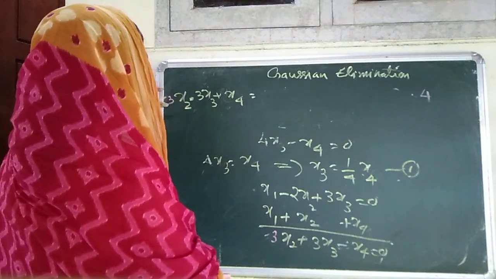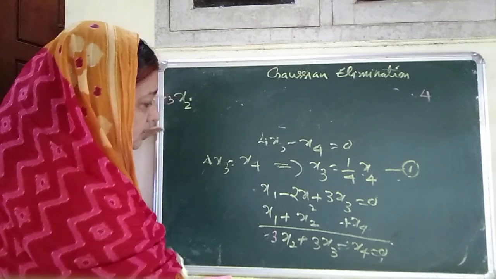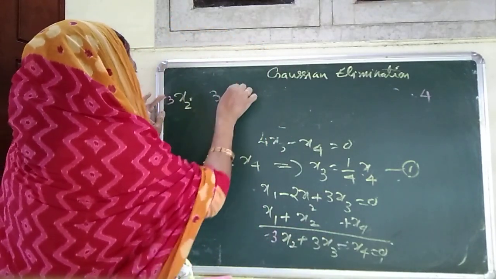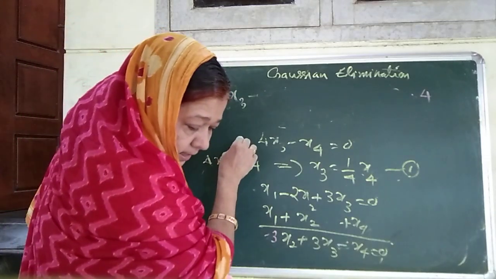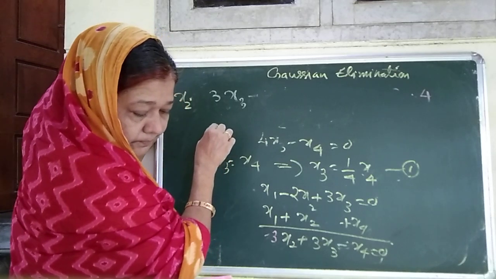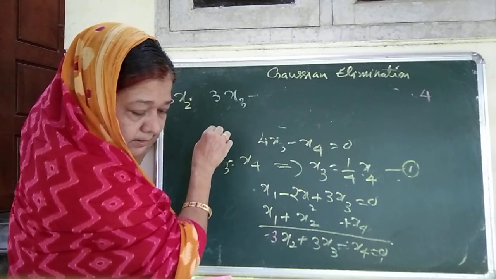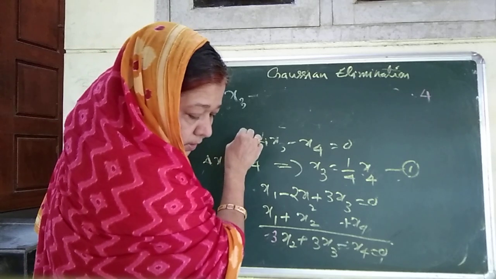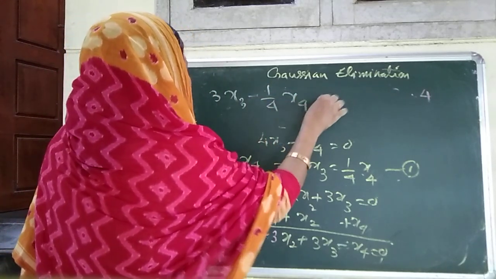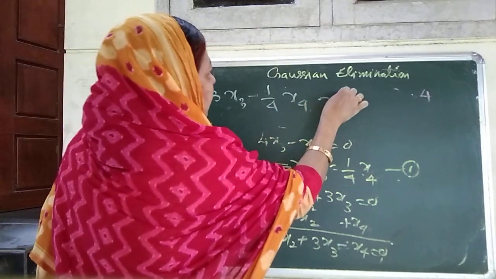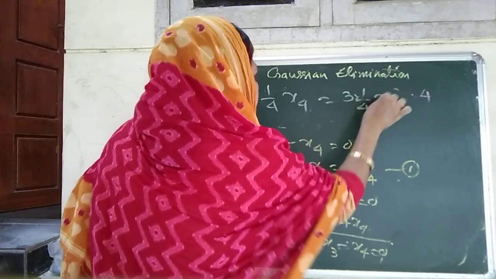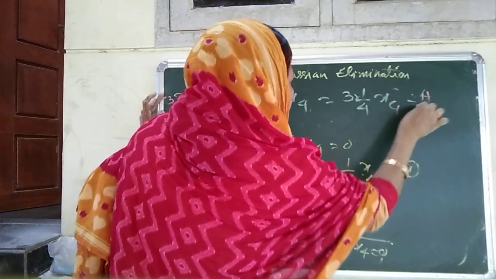Minus 3x2 equal to 3x3 minus 1 by 4 x4, that is equal to 3 into x3, which is 1 by 4 x4, minus 1 by 4 x4.